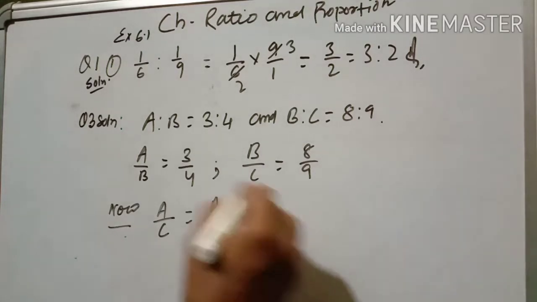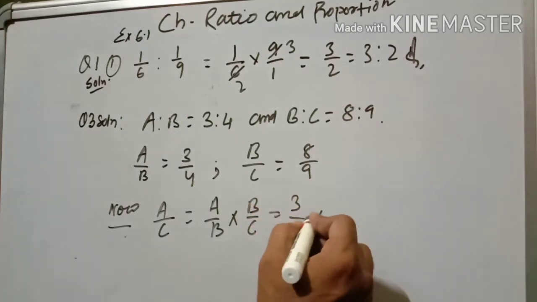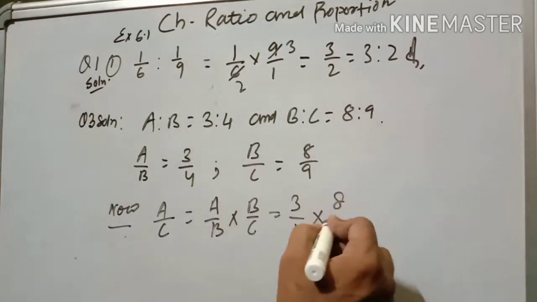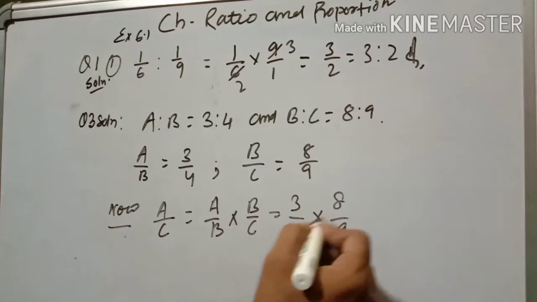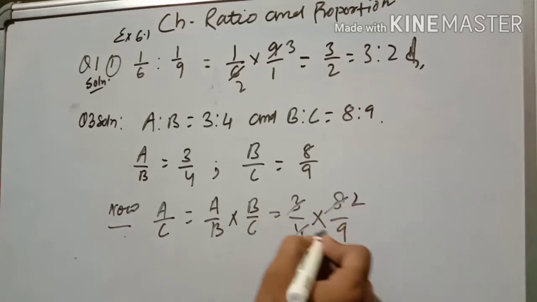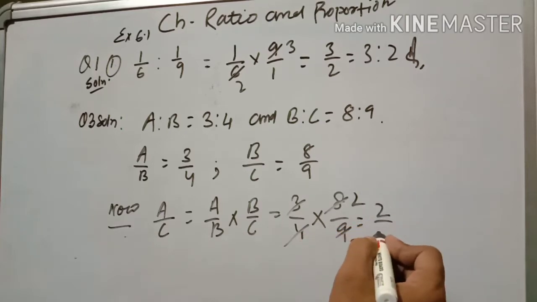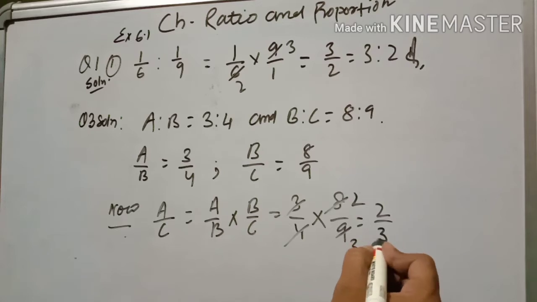So put the value of A by B. A by B means 3 by 4, and B by C means 8 by 9. So this is 8 2s are 16, 4 2s are 8, and 3 3s are 9. It will come 2 by 3.